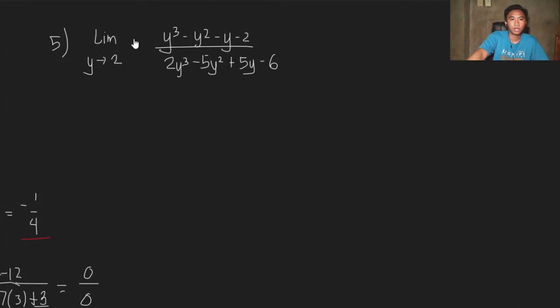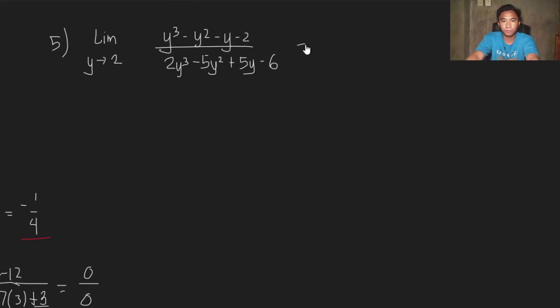The limit of y cubed minus y squared minus y minus 2 all over 2y cubed minus 5y squared plus 5y minus 6 as y approaches to 2.